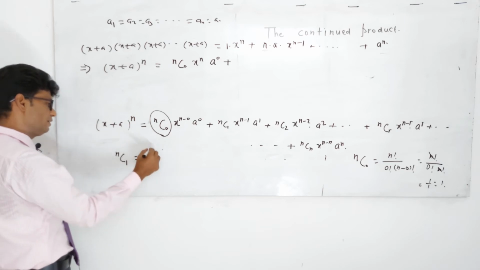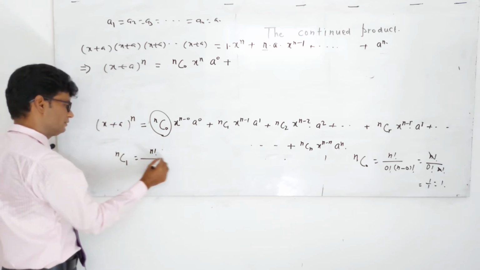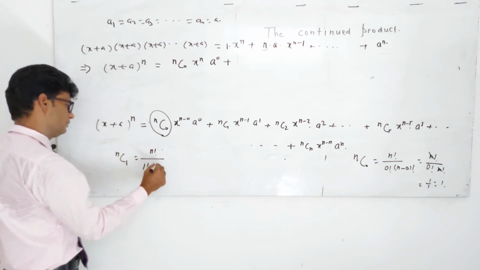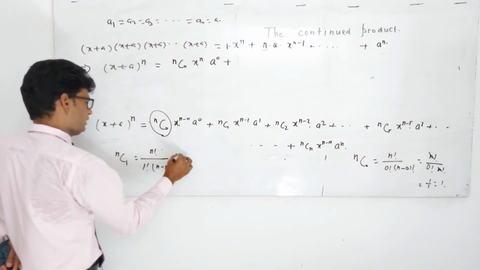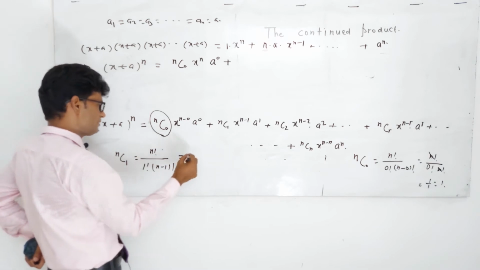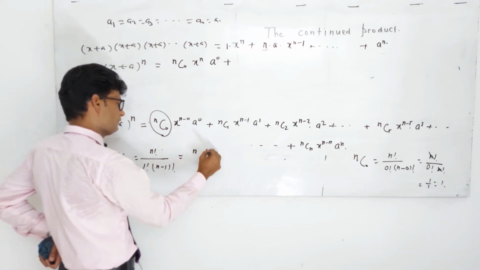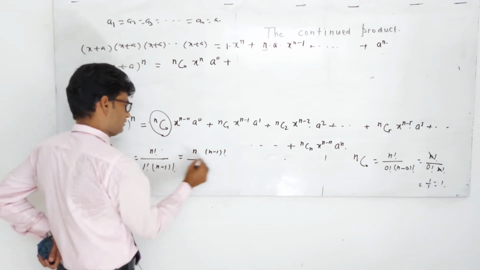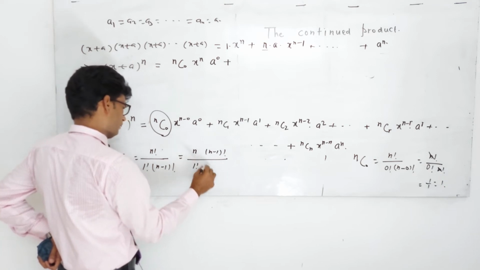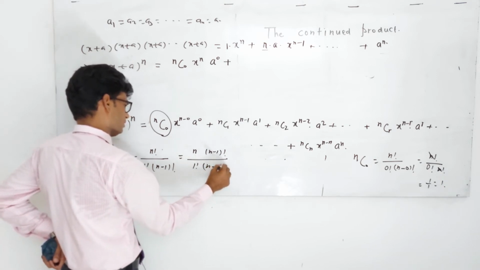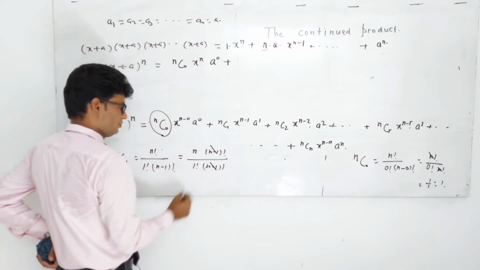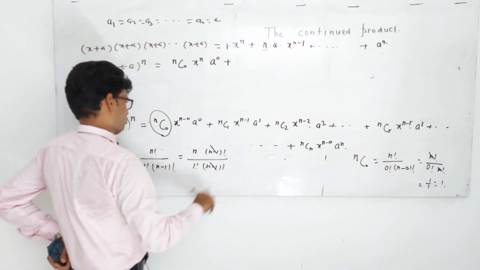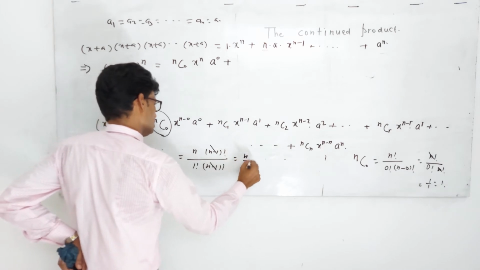It comes out to be factorial n, factorial 1, n minus 1 factorial. So here factorial n may be written as n into n minus 1 factorial. So here is factorial 1 and n minus 1 factorial. So this is not 0 and defined as well, so it cancels out. So factorial 1 is also 1, so n over 1 is equal to n.